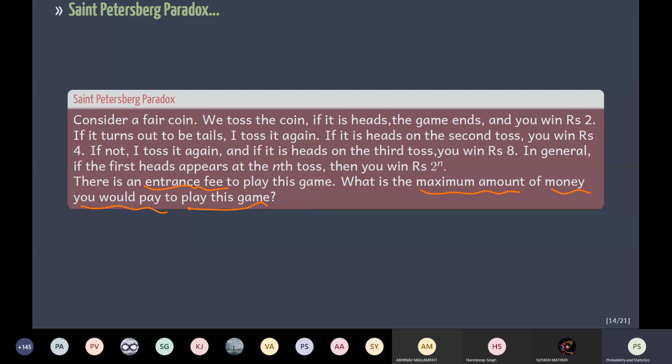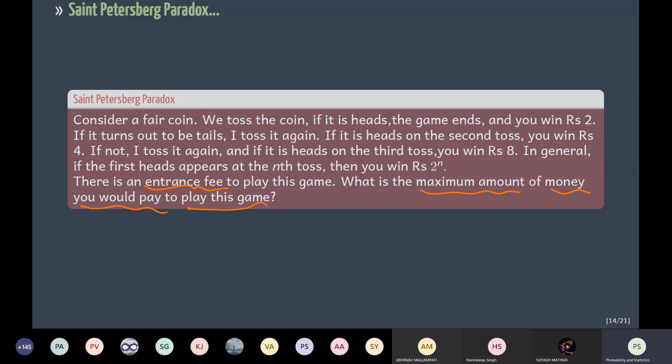So here, this is another game. If you get a head the first time, actually you are least lucky, because you only get back 2 rupees, right? But if the head doesn't come, and if the head comes the second time, then you get 4. If the head comes in the third one, then you get 8 rupees and so on.